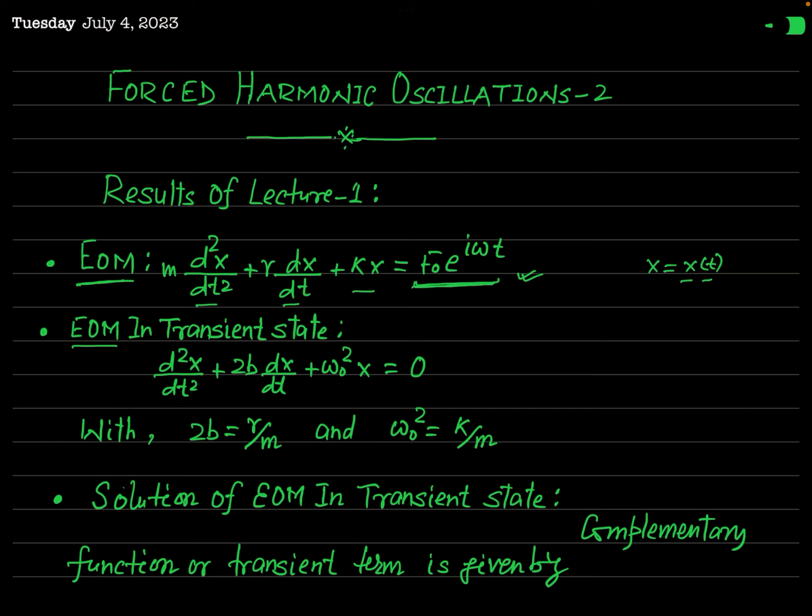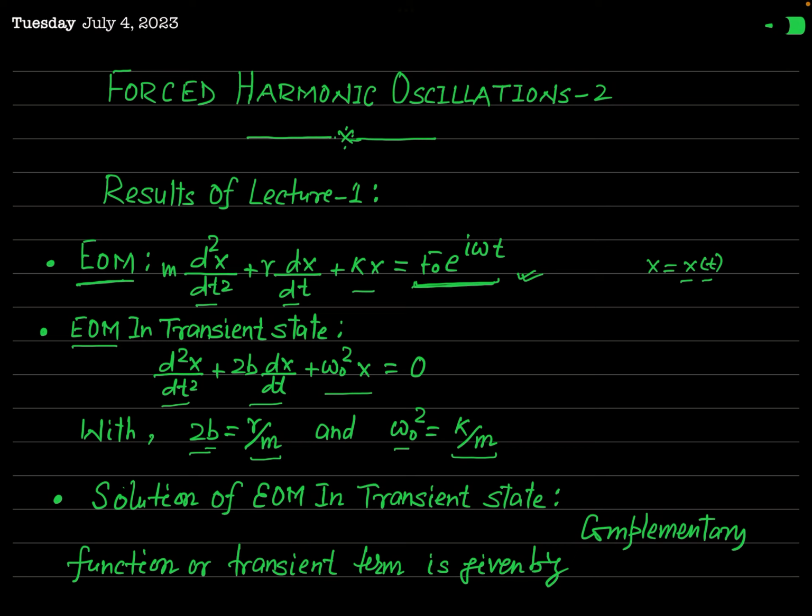You obtained that the equation of motion for the transient state is d2x/dt2 + 2b dx/dt + omega naught squared x = 0, where 2b has been written for r by m, where r is a resistive constant which depends on the nature of the medium. And this b is called the damping coefficient of the medium. And this omega naught squared has been written in place of k by m. All these things you have studied previously. And this omega naught is called the natural frequency of our oscillator.